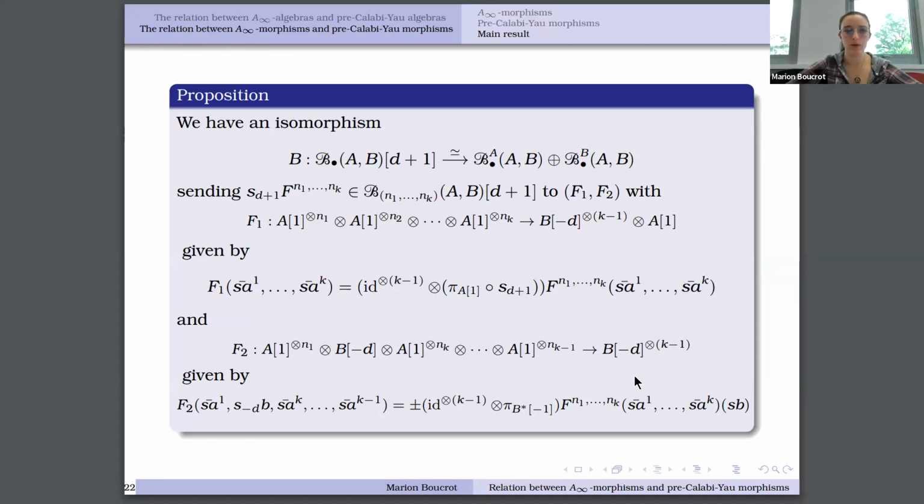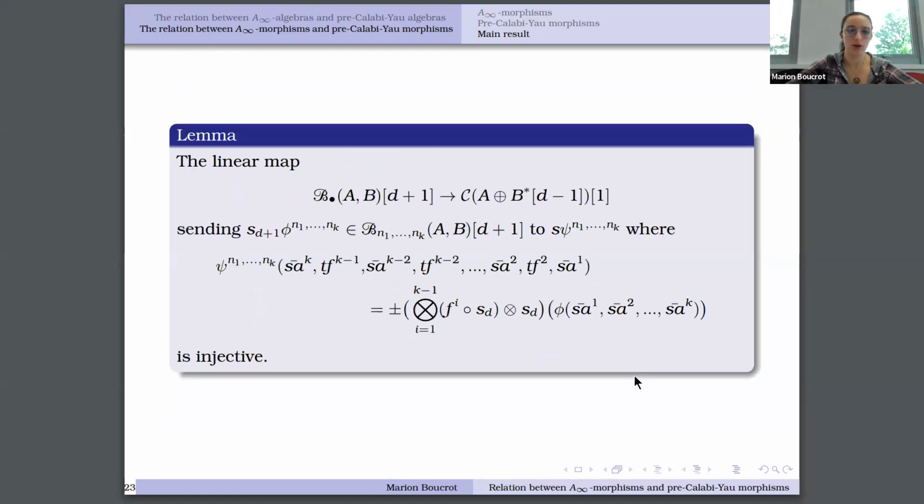So I will now give you a map going from the shifted B to the space of Hochschild cochains of A plus B star shifted by minus 1. I recall that an element in this space can be an infinity structure on A plus B star shifted by D minus 1, provided that it satisfies the Stasheff identities.